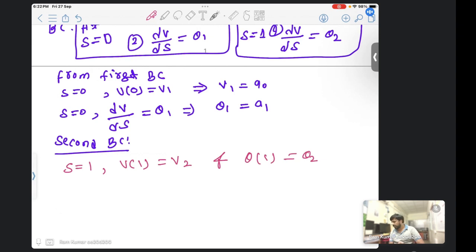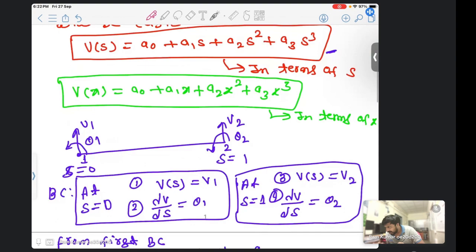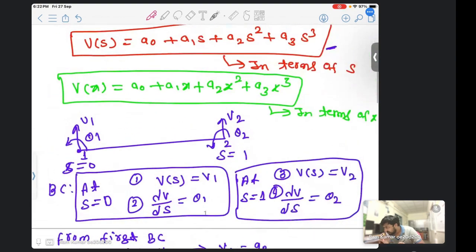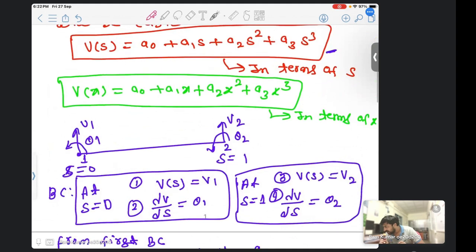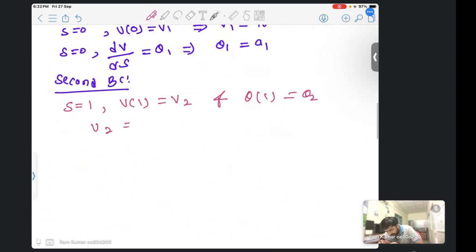So what will we get from those boundary conditions? v2 equal to a naught plus a1 plus a2. So it will be a naught plus a1. It will be at 1.